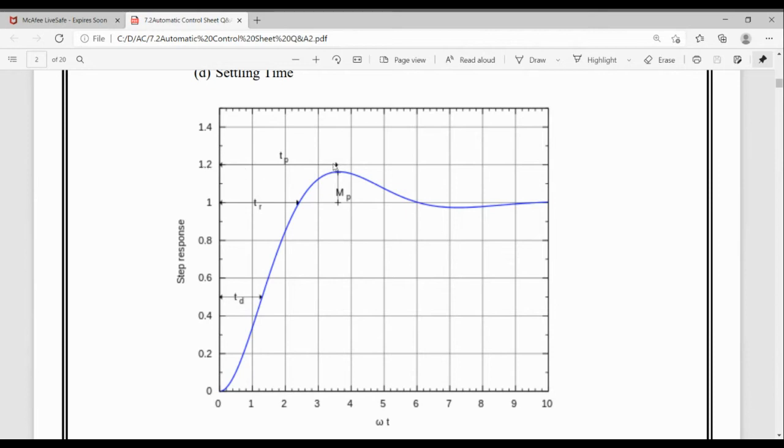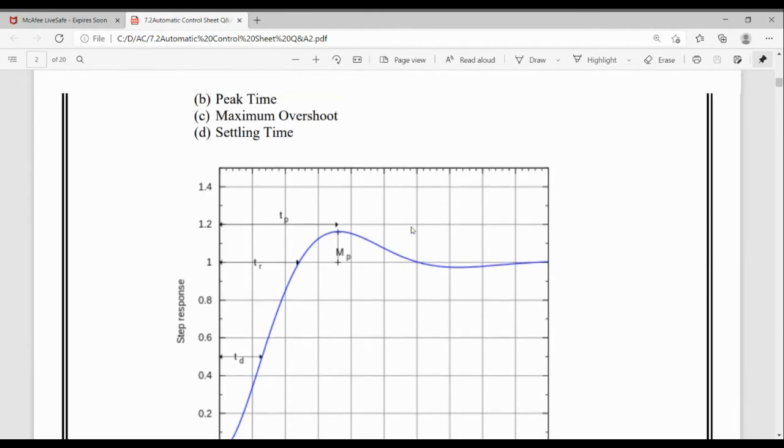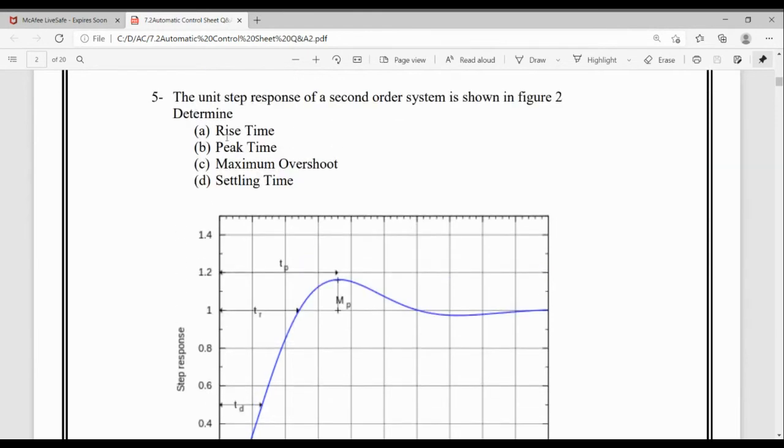You can see the maximum peak overshoot is 1.2, the rise time is 1, and the delay time is more than 1. The settling time is almost 9, 8, like this. Okay, this is the graph given for the unit step response. You need to find rise time, peak time, maximum peak overshoot, and settling time.